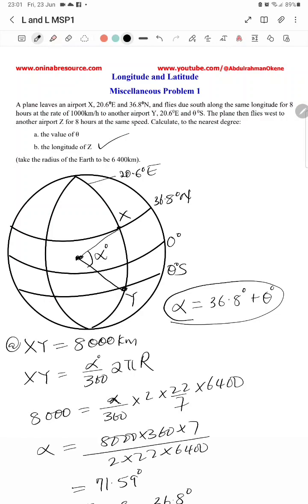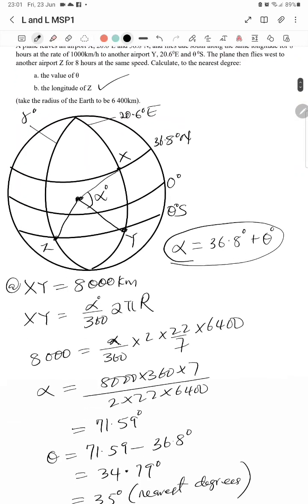This point is Z, and this longitude is unknown. We can call it gamma degrees, and we don't know whether it is west or east. That will be determined later. This is a sector of a small circle, since the distance is along a latitude.